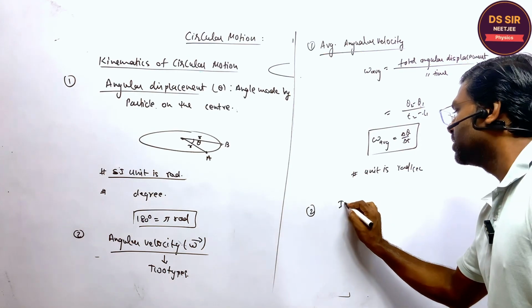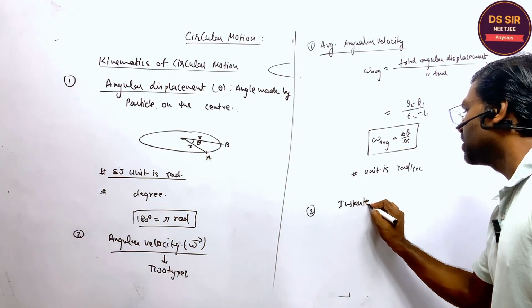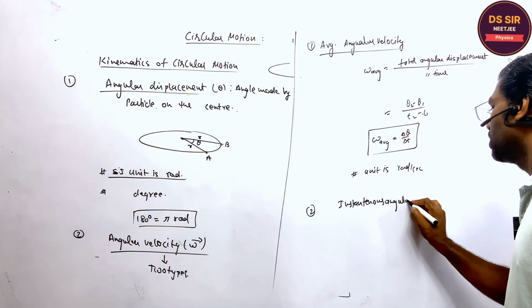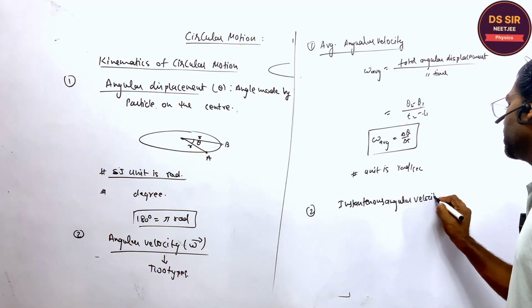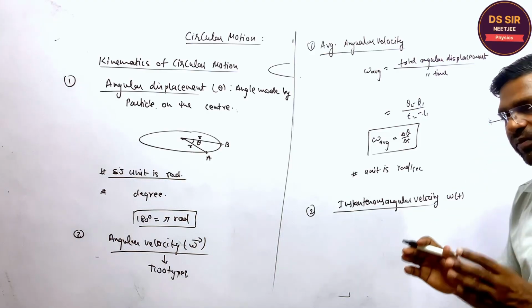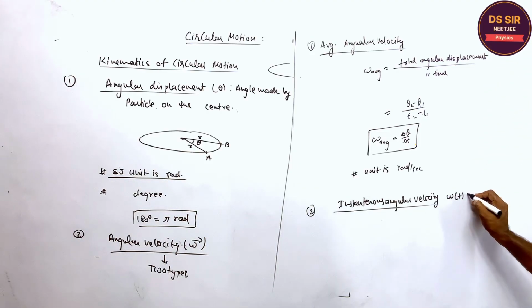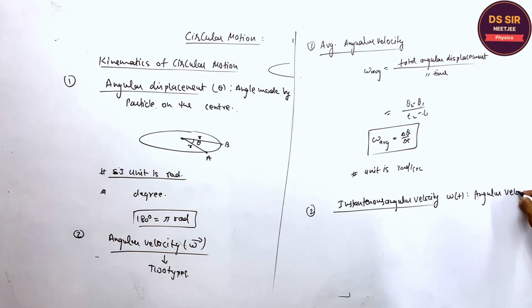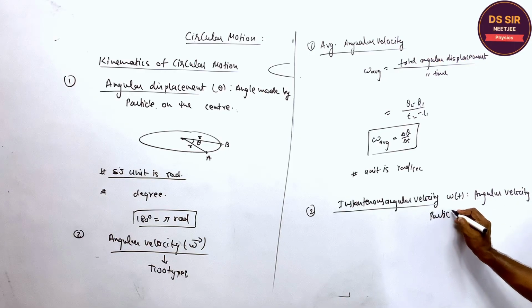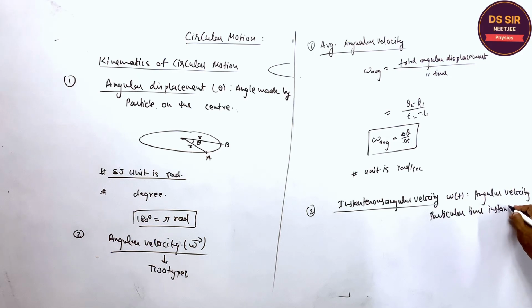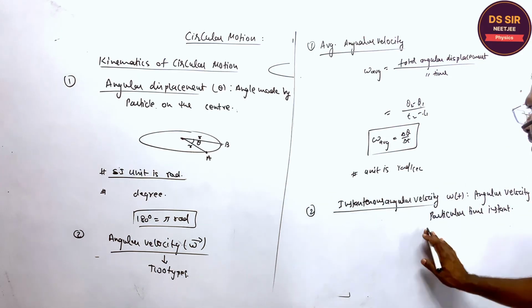But the next one is instantaneous angular velocity. What is the instantaneous angular velocity? The instantaneous angular velocity is the angular velocity at a particular time instant.